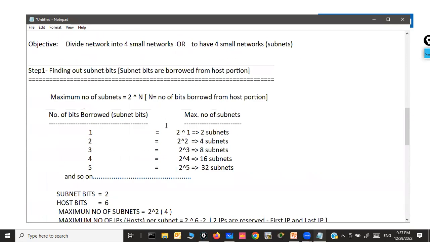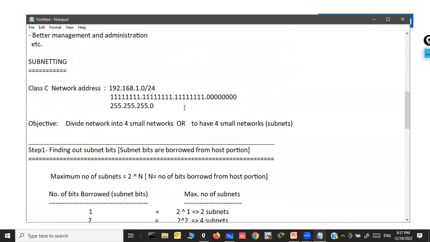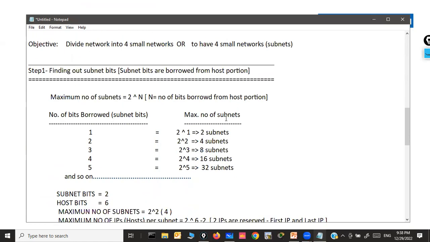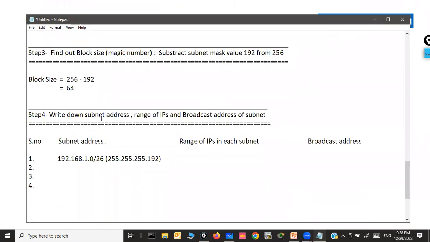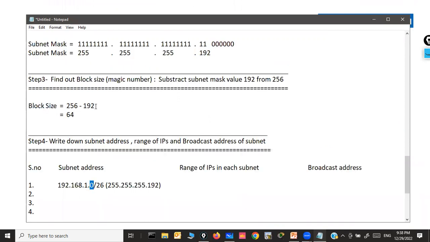Because we have done everything in the fourth octet only. The initial three octets are unchanged. So just keep on adding this 64 in the fourth octet, and automatically you will end up with this 192, the same value.